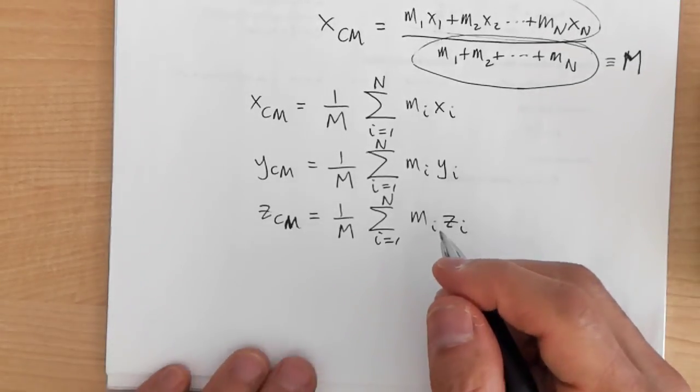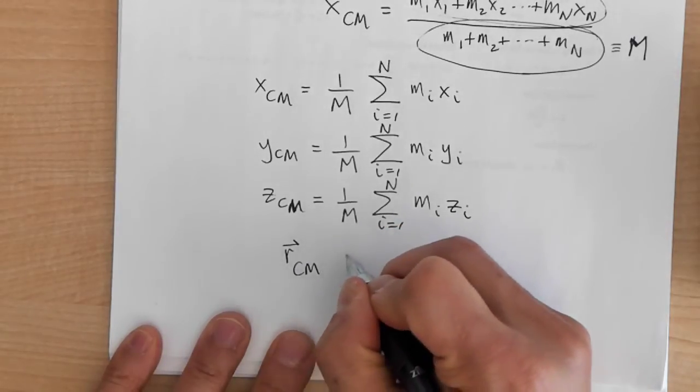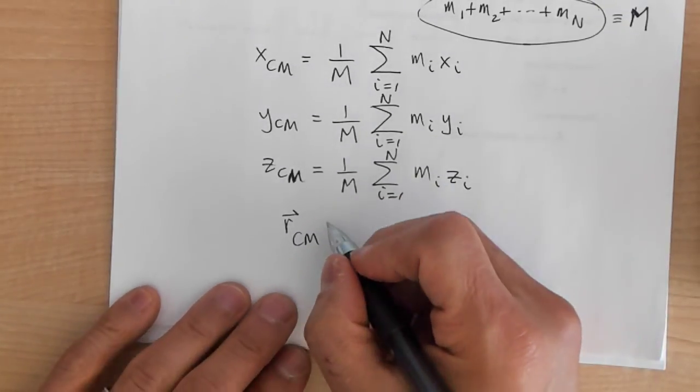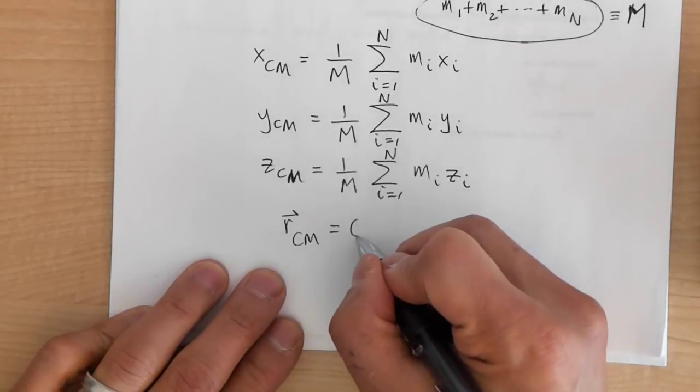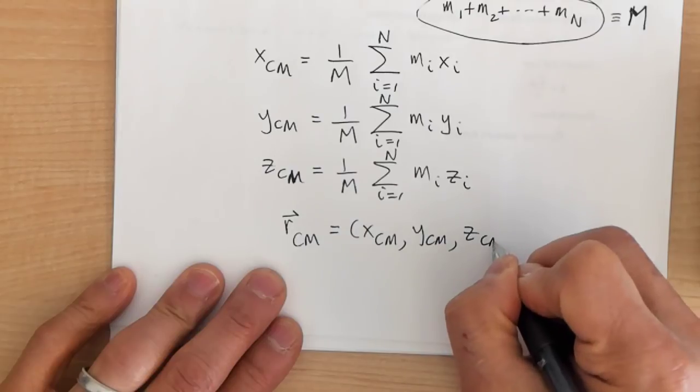If I want to put this all together, my center of mass position as a vector is x_cm, y_cm, z_cm.